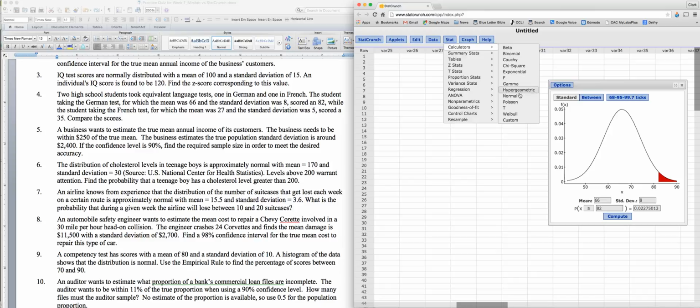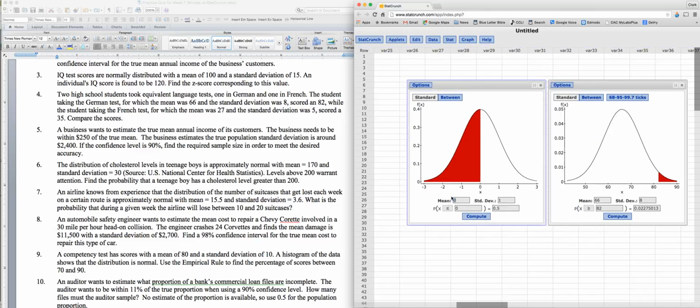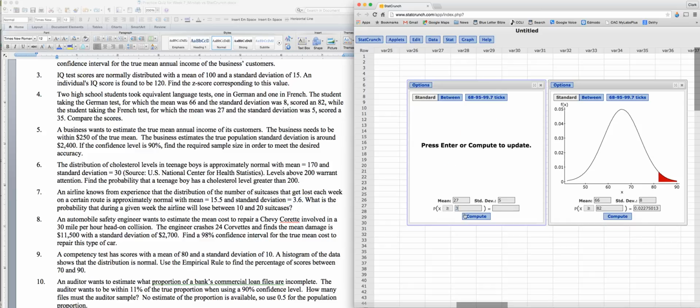So we bring up the other calculator here for this other one. The mean was 27, standard deviation was 5. We want the greater than a 35 score, and we get the same answer as before.